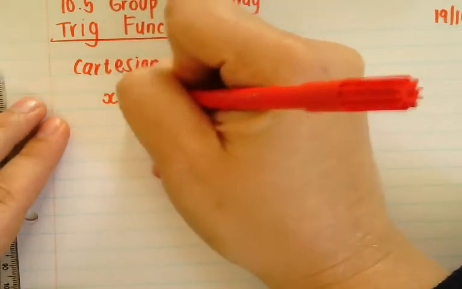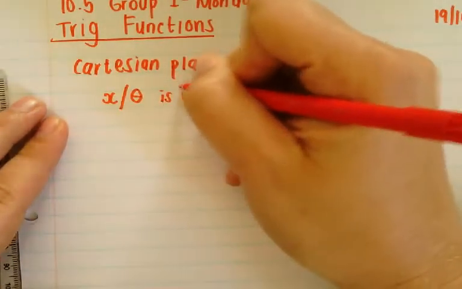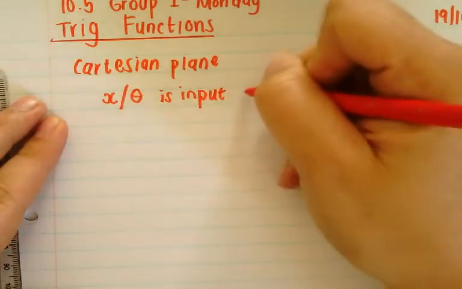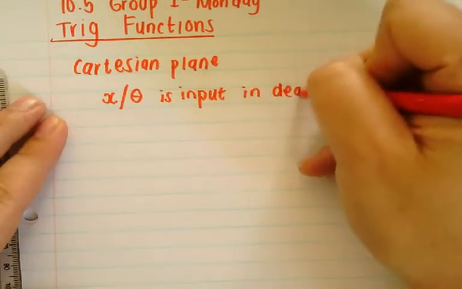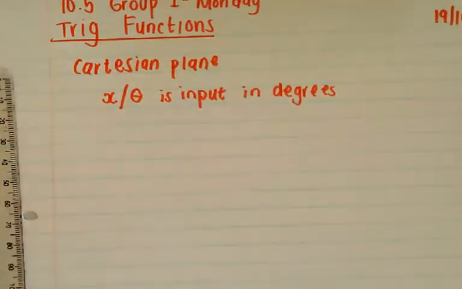X or theta is my input in degrees, or the domain. Have a look at here. Okay, and my y is still my values on the y-axis and still in normal whole numbers. So I could call it x, I could call it theta, but it is definitely in degrees.